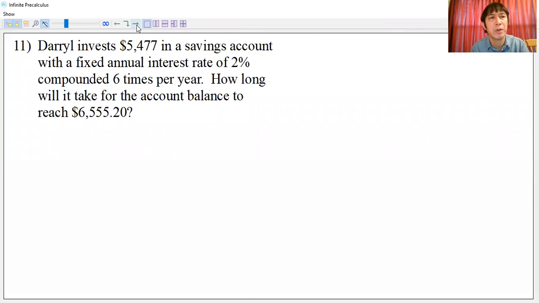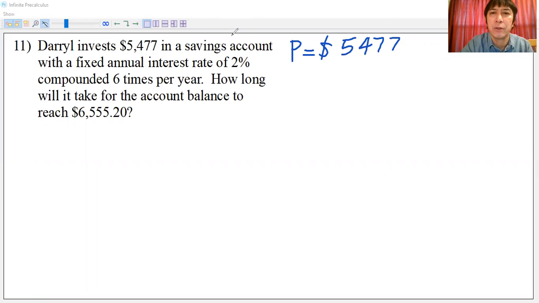All right, here is number 11. Daryl invests 5,477 in a savings account with a fixed annual interest rate of 2% compounded 6 times per year. How long will it take for the account balance to reach 6,555 and 20 cents? Okay, so let's have the given first. We have the amount invested at 5,477.